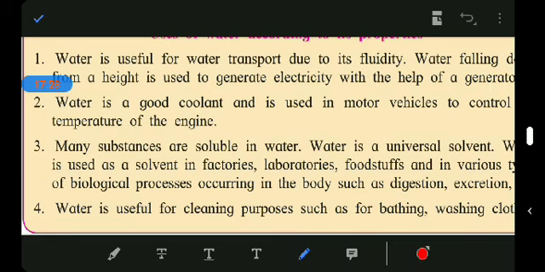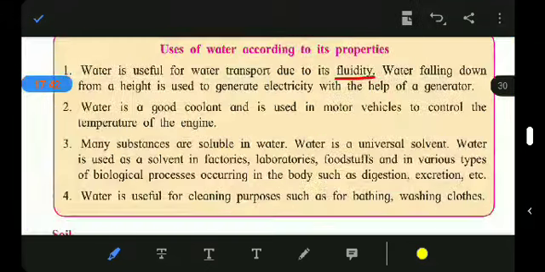Water has a flowing consistency, that is, it flows from the higher level to the lower level. By considering this property, water is useful for transport, that is for taking goods by the sea path. Water falling from a height is used to generate electricity with the help of a generator.